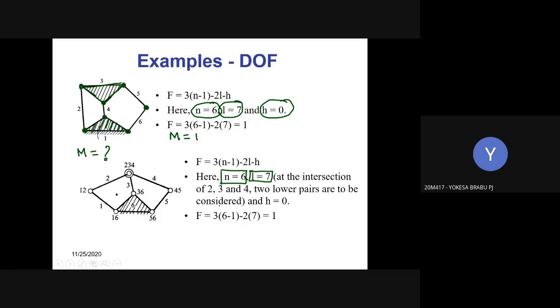At the intersection of this particular point, binary link 2 and 3 are connected by means of a pin joint, and binary link 3 and 4 are connected by means of another pin joint. So here you are having two lower pairs. Here one lower pair, here one, here one, here one, and here one. So totally 1, 2, 3, 4, 5 plus 2, 7 lower pairs, and there is no higher pair. So if we substitute, we will be getting mobility equal to 1.